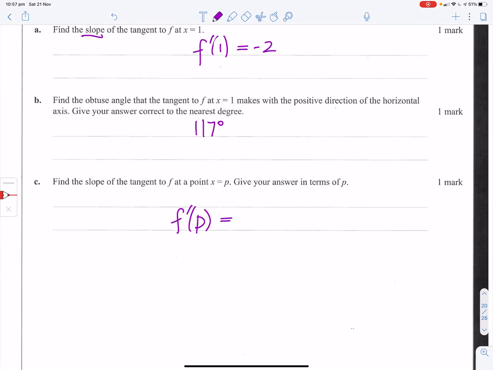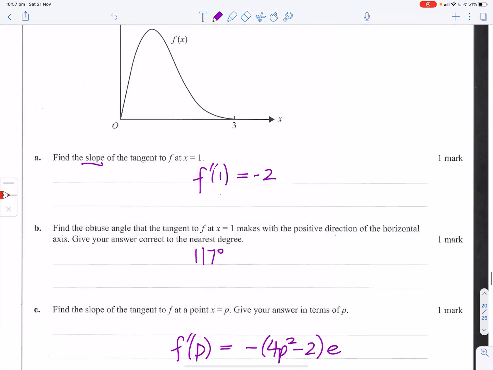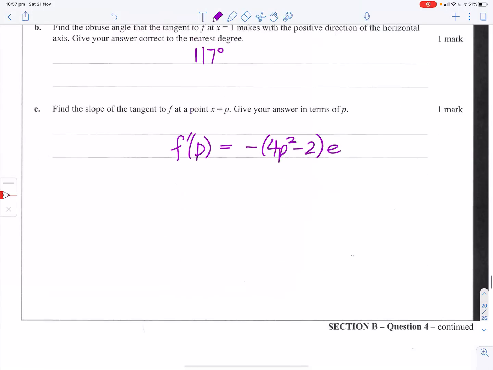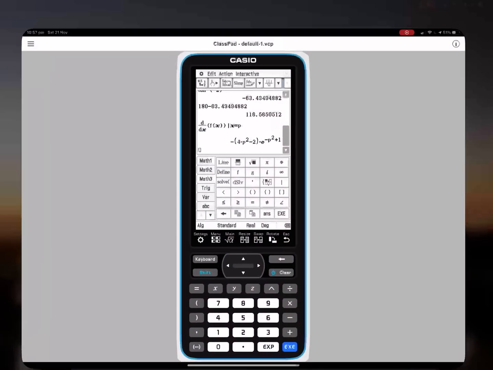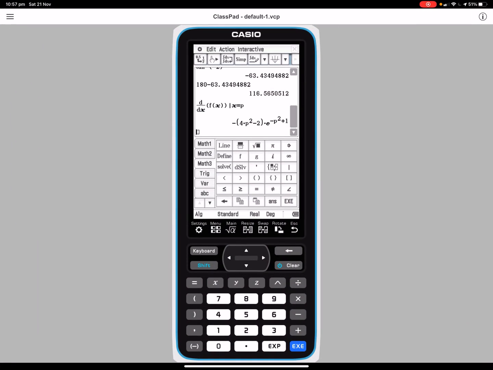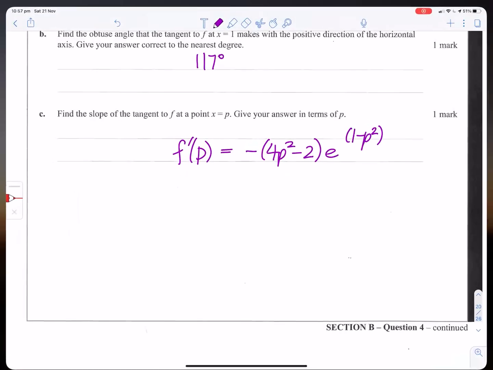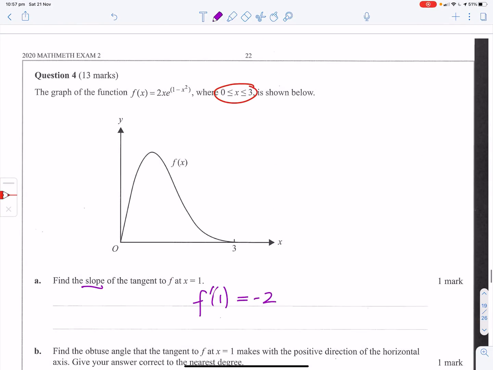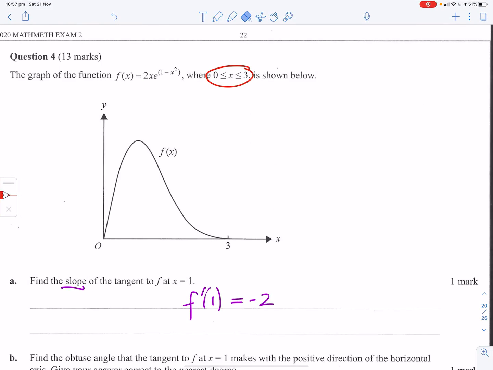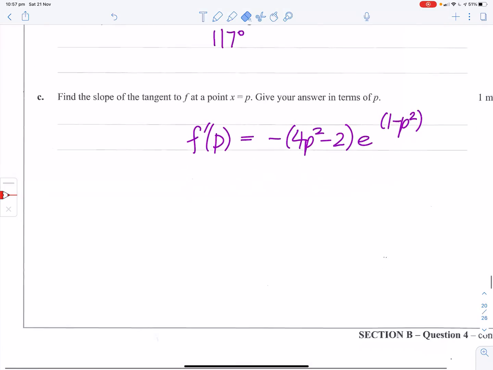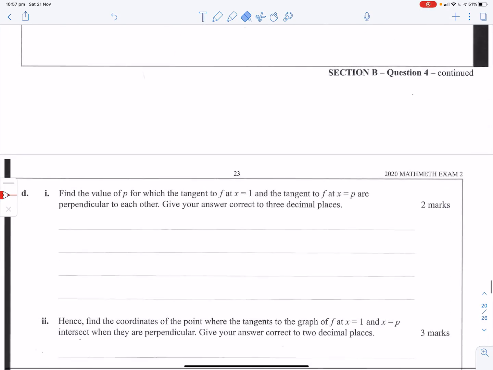Negative 4p squared minus 2 e to the, I'm guessing it's 1 minus p squared, because it's the derivative. Oh no, we'd have to use the product rule. Luckily the CAS did it for us.